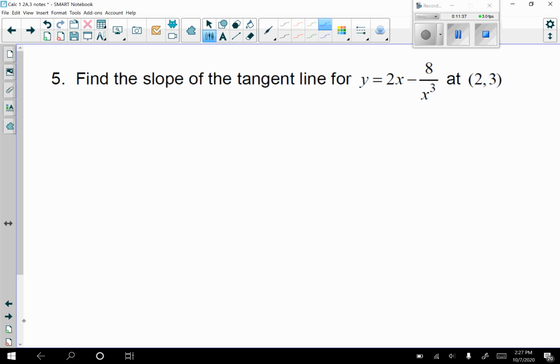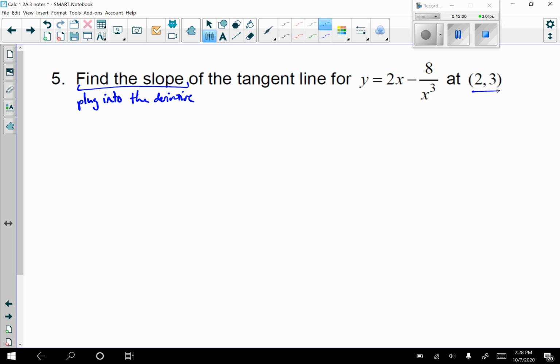Find the slope of the tangent. Some kind of word problems here. Find the slope means slope is from the derivative, means we are going to plug into the derivative to find the number for the slope. Whatever they give us to plug in, and they have given us a point over here at 2, 3.